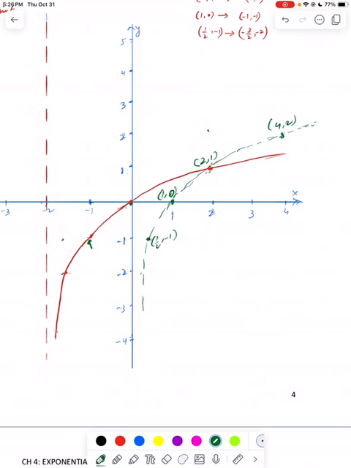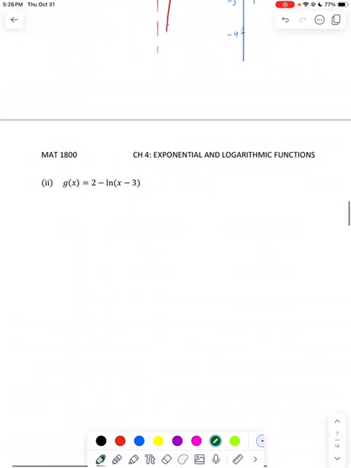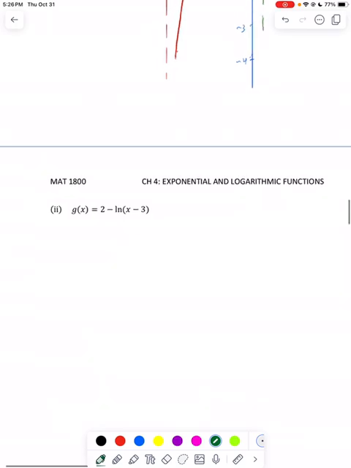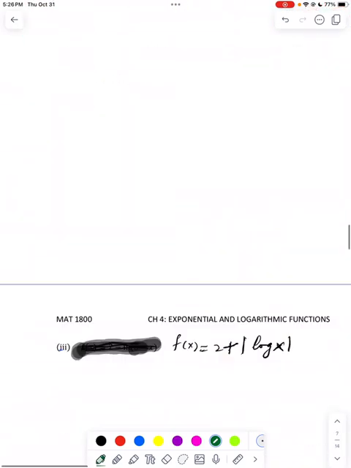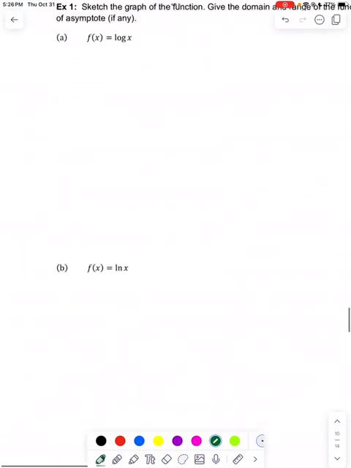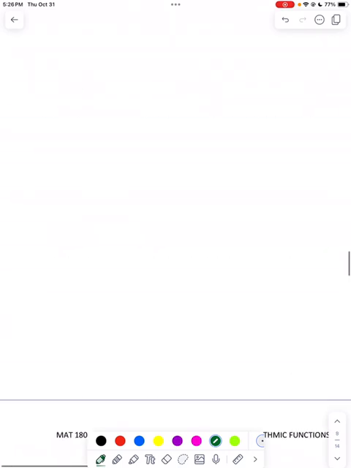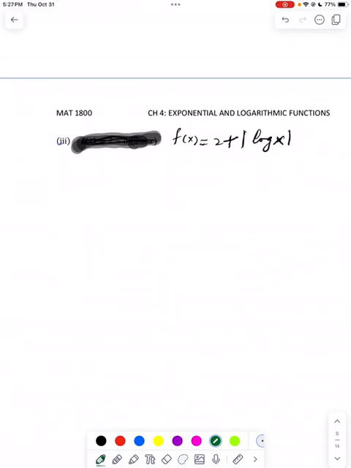Okay. So now we have 2 more. One is g of x is equal to 2 minus ln of 3x minus 3, and the other one is 2 plus the absolute value of log x. So you already know the graph of the absolute value of log of x, but that was to the base 2.